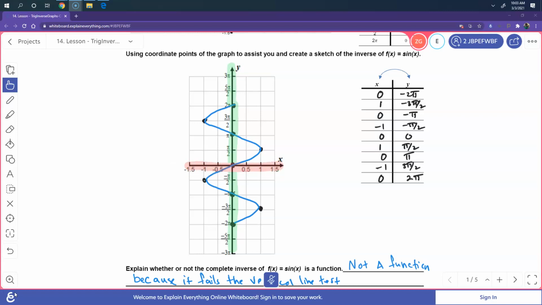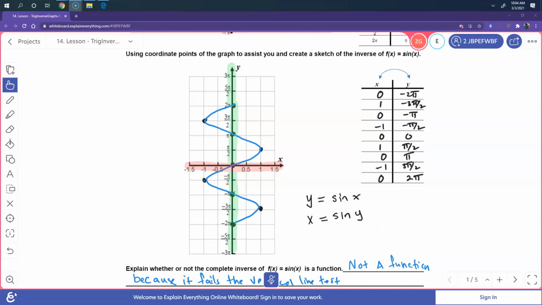So we have to do something in order for it to be considered a function. Let me write this down. We have y equals sine of x. And remember, in order to find the inverse, we switch the x and the y. So you get x equals sine of y.